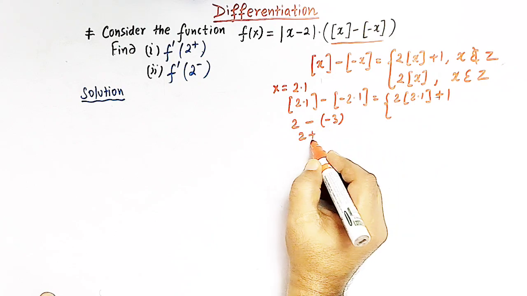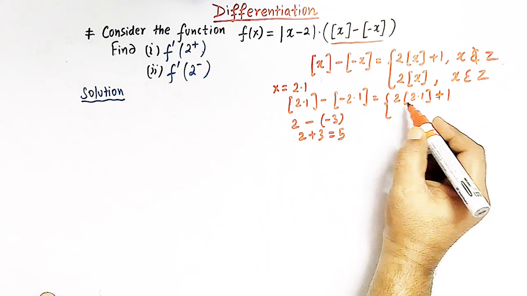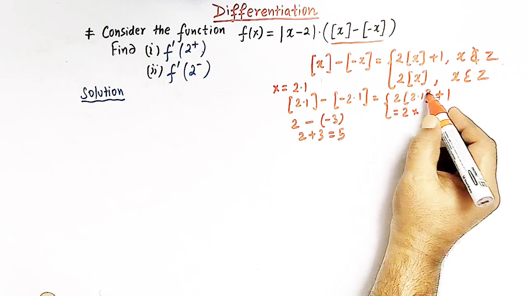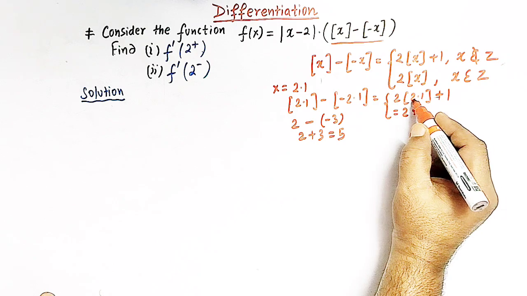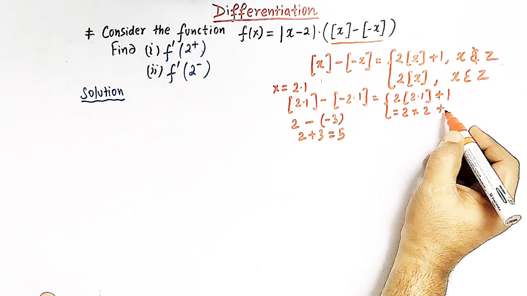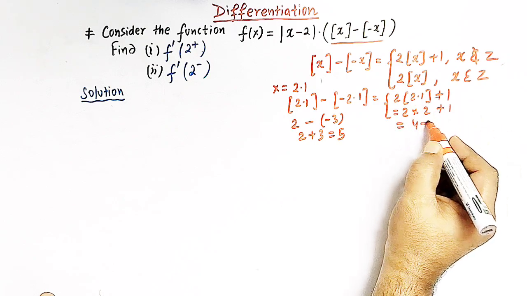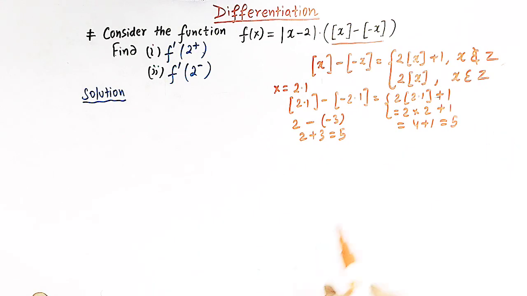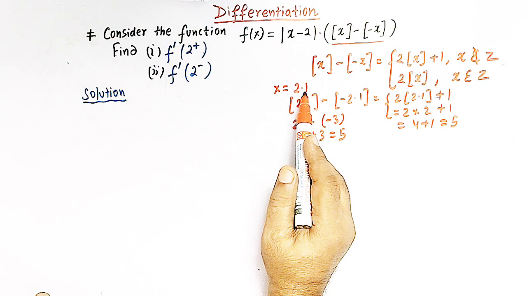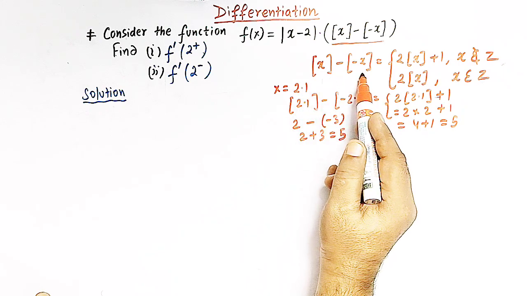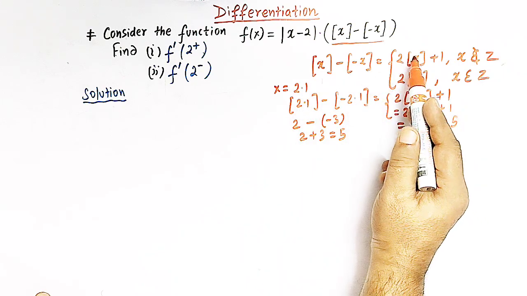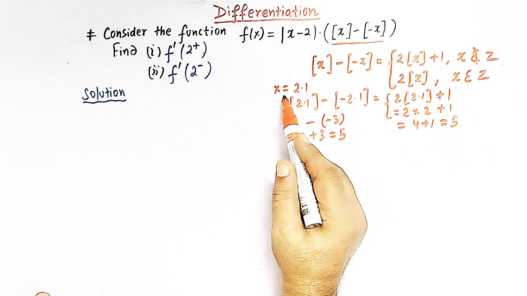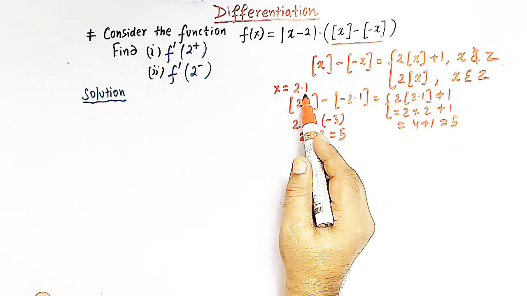So here we have 2 plus 3, that is 5, and on the other side we have 2 times the greatest integer of 2.1, that is simply 2, so 4, plus 1, which is 5, right? So when x is not an integer, the value of this expression is equal to 2 times the greatest integer of x plus 1, as we have just seen by taking x equal to 2.1.